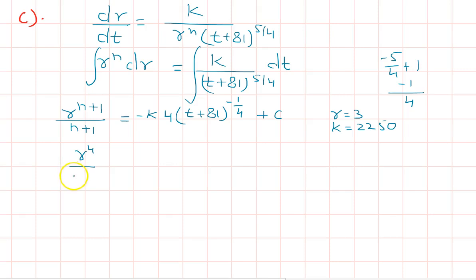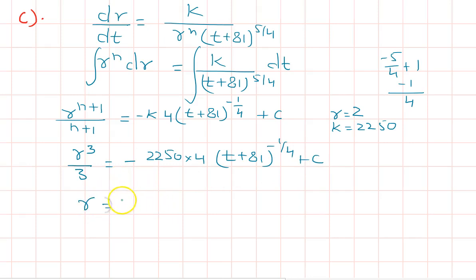So that is r cube over 3 is equal to minus 2250 multiply 4, t plus 81 to the power minus 1 over 4 plus c.